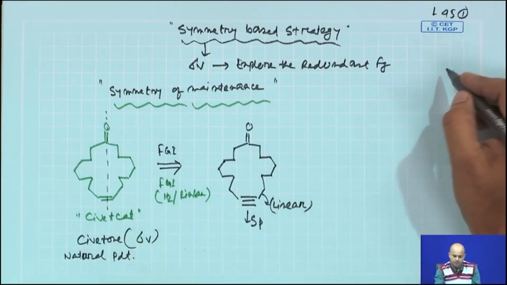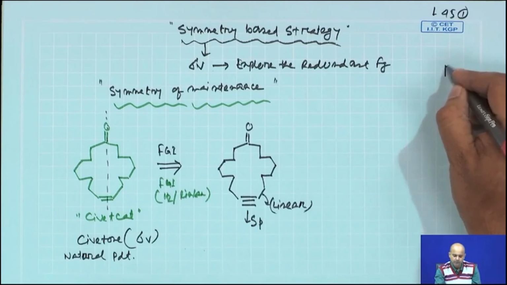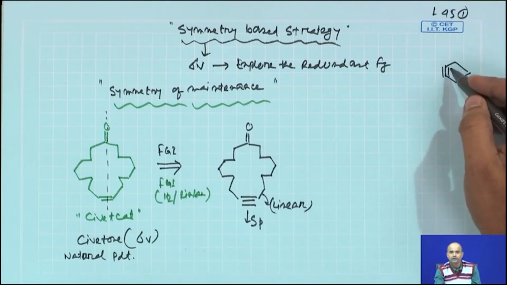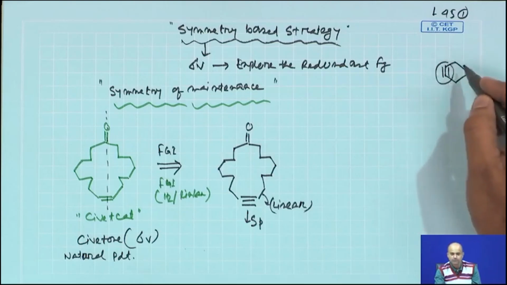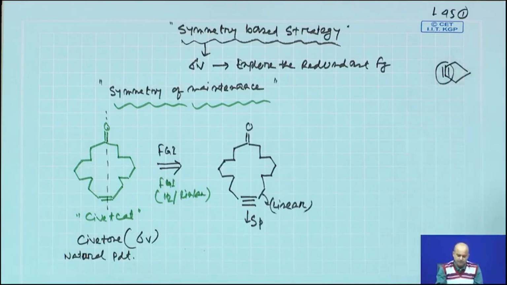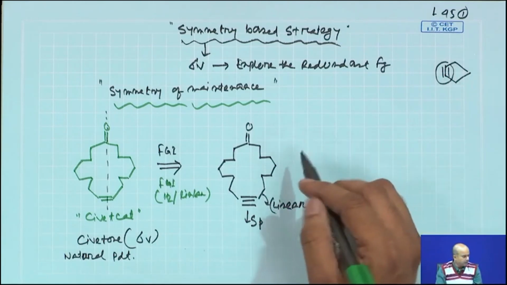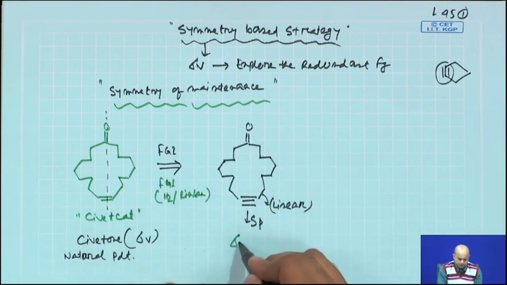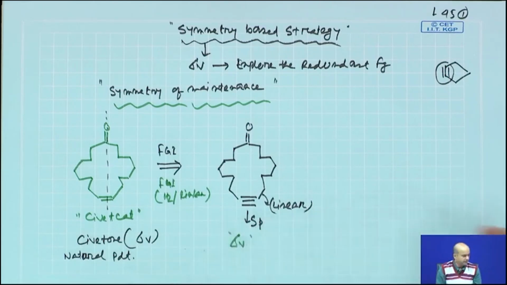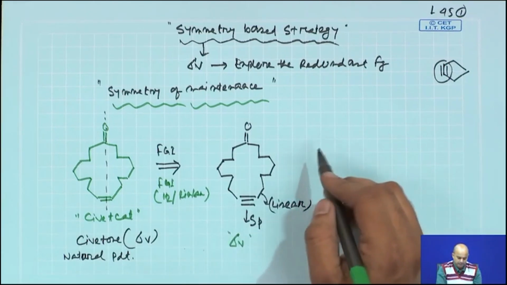But for normal rings, like if you have a cyclopentane kind of ring, you cannot have an alkyne due to severe ring strain, because sp accommodation in a linear fashion cannot be done in this small ring system. But fine, nevertheless we will keep on using it. Now see, the initial starting material is sigma v, and in this one also symmetry was maintained.